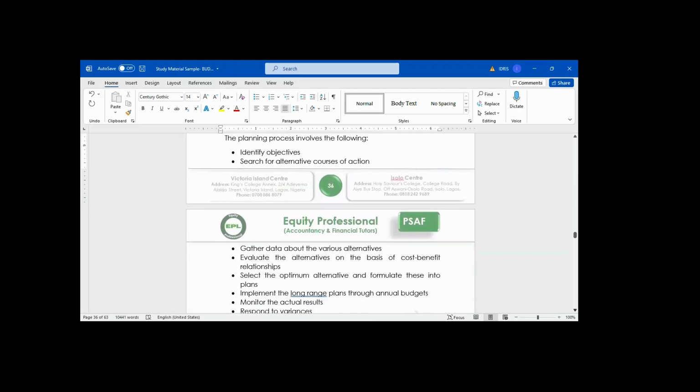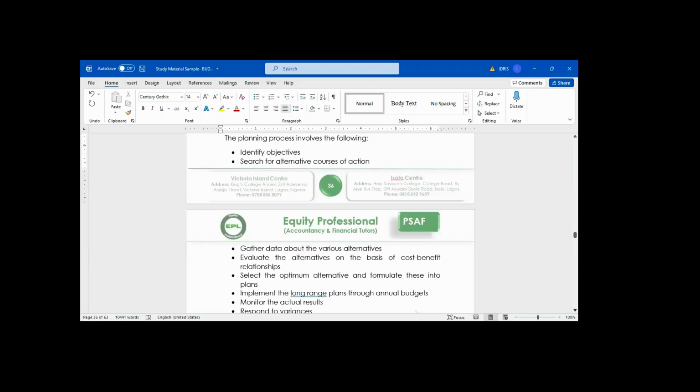Now, if you want to set a long-term budget, what are the steps involved? The steps will be mentioned as follows. We need to identify the objective of government.